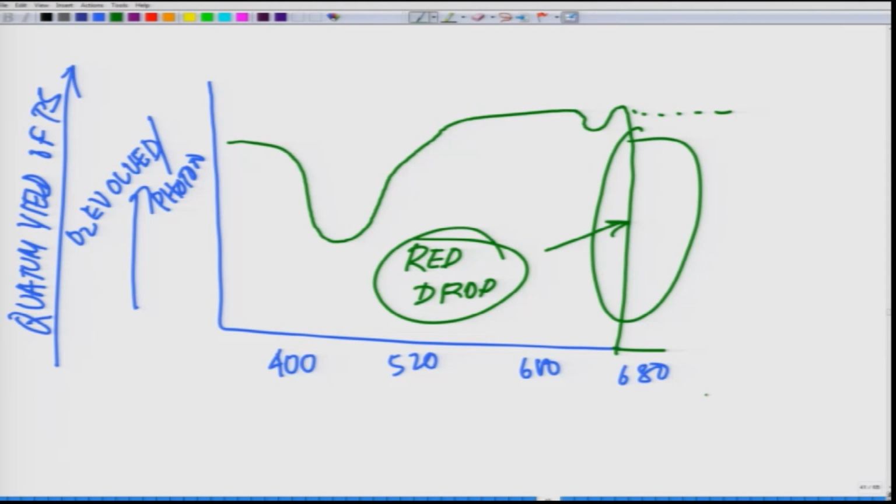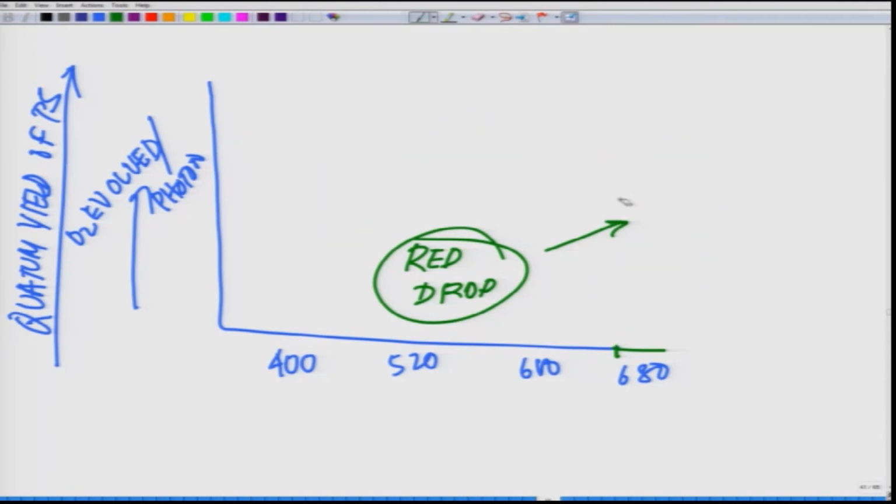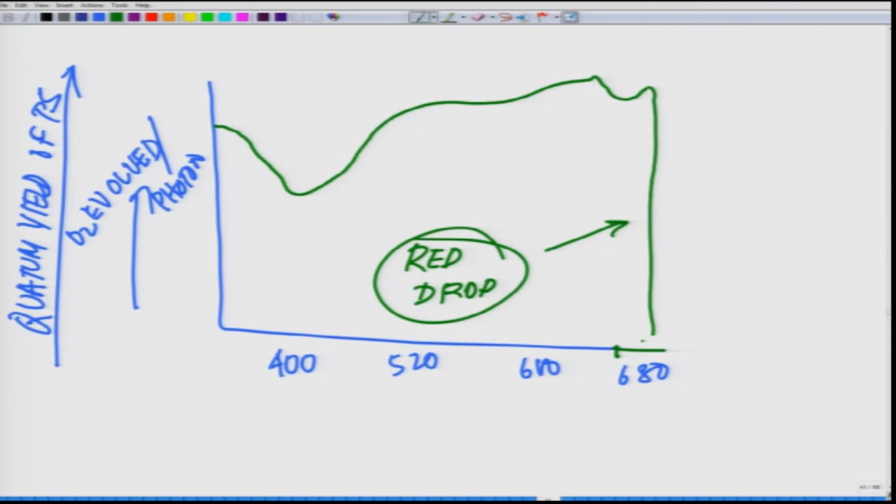Okay. So this is something very interesting which was observed. Let me just redraw this again for you. So it is something like this, something like this, red drop. Okay.